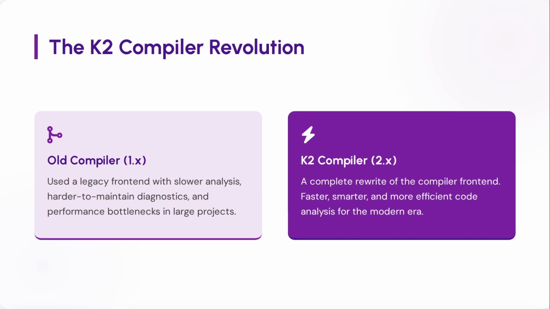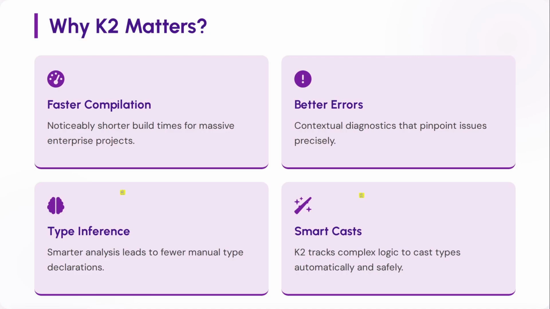Whenever you are building or compiling the code, the K2 compiler only handles the code that has been changed. It won't touch other things, right? Okay. So why K2 matters, as we have seen: faster compilation, better errors, and contextual diagnostics, meaning pinpointing issues precisely.